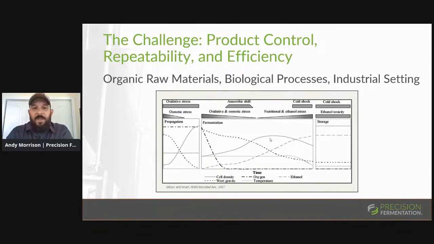So obviously, as a baseline, what we want to talk about is what do you track and what are you looking at during fermentation. So you've got this process that starts out with that lag phase, right? Where you're looking at oxygenation and the oxygen levels depleting over time.